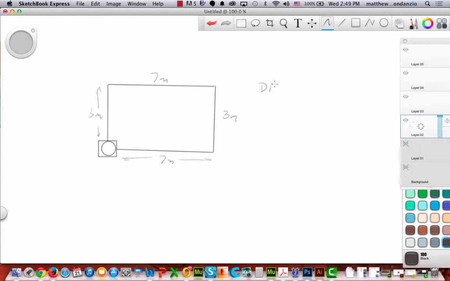What is my distance that I traveled? 20. Everyone? 20, right? 7 plus 3 is 10, times 2 is 20 meters. What is my displacement? 0. Okay. 0 meters is my displacement. Do I need to give you a direction at that point? No, because I haven't gone anywhere, so this direction is kind of meaningless at this point. Does that make sense? Okay.